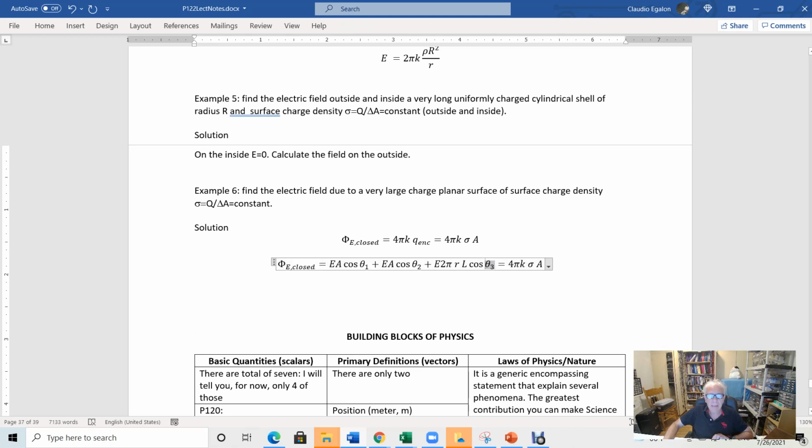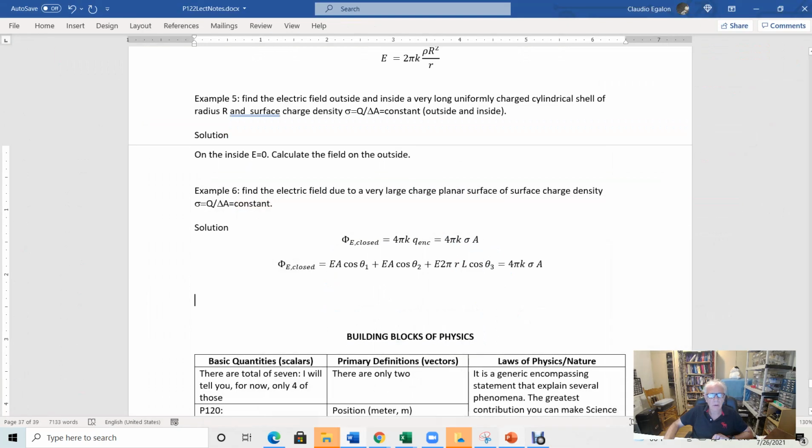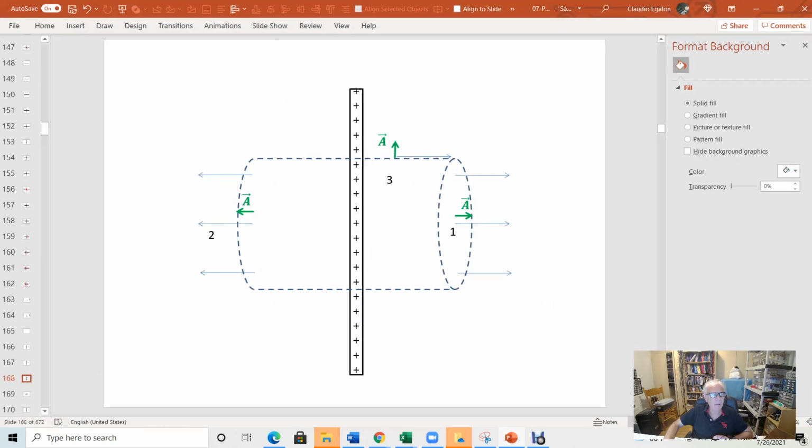The angle theta 3 is 90 degrees. Right? The angle theta 3 is 90 degrees. Consequently, that term disappeared. Unlike the other one, it doesn't disappear. The angle theta 1 and theta 2 is 0 degrees. Take a look at the drawing.